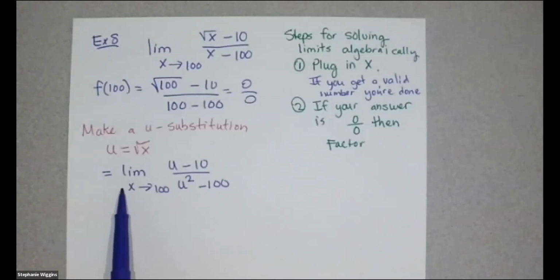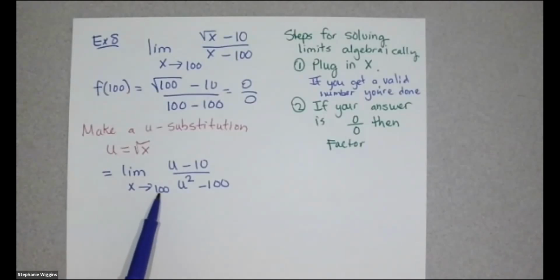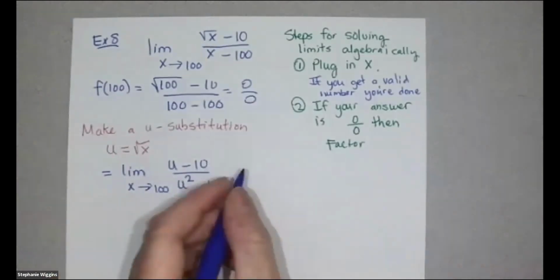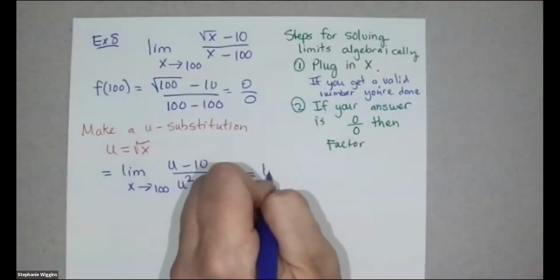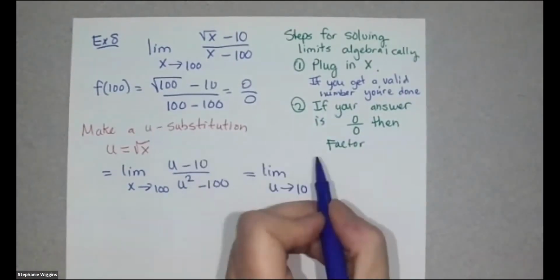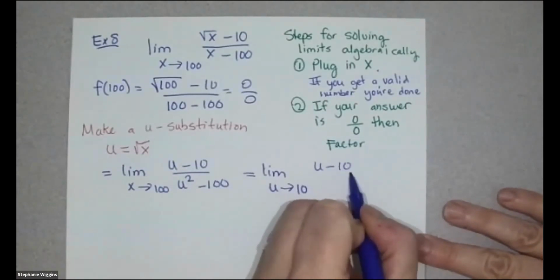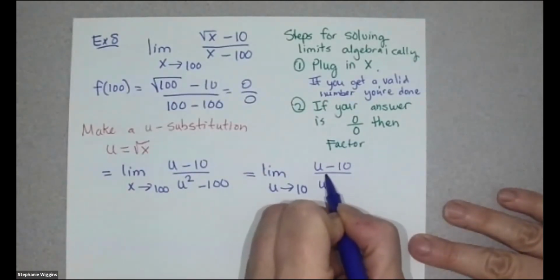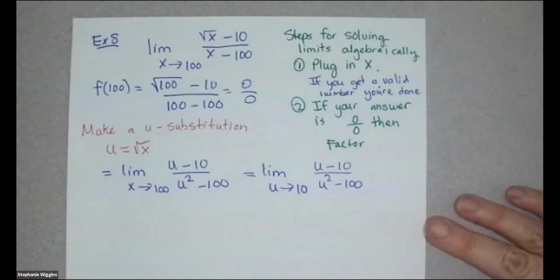So if X is approaching 100, what does U approach? Well, remember, U is the square root of X. So U is going to approach the square root of 100. So to write this properly, I have to say the limit as U approaches 10 of U minus 10 over U squared minus 100, okay?